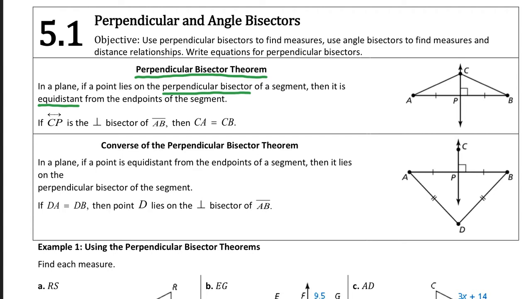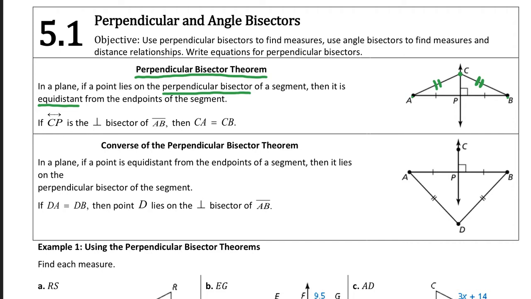To describe this theorem, it says if CP is the perpendicular bisector of the segment AB, then CA is equal to CB, meaning C is equidistant from A and B. So C is the same distance from A and B. No matter where C is on this perpendicular bisector, it is the same distance from A as it is from B, meaning that segment CA and segment CB are congruent.